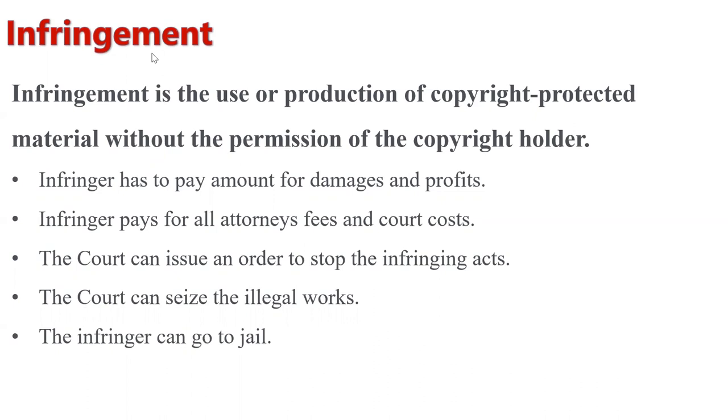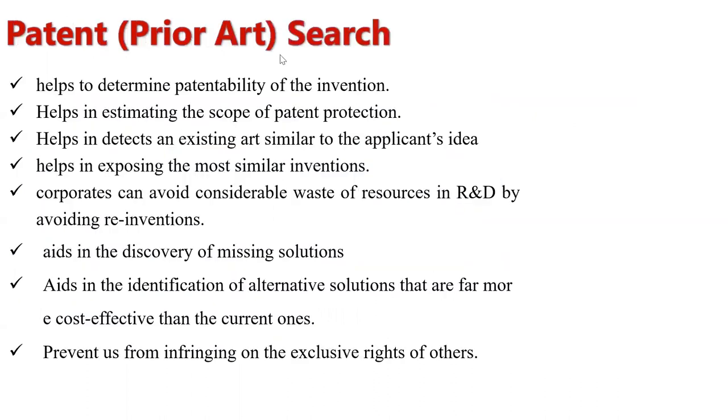So if I have an idea and I want to get a patent, I cannot directly jump to the patent office. Some homework we have to do. As everyone knows, there is another way: these days institutions are establishing the innovation IP cell. In the IP cell, they have the autonomy and the full facility.